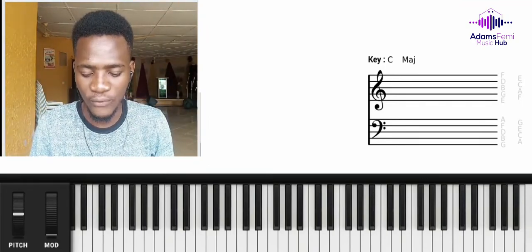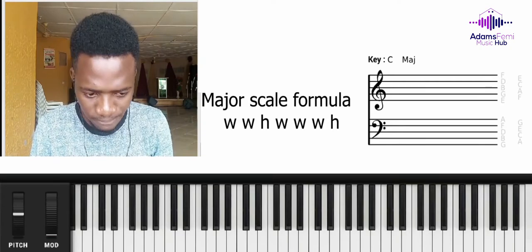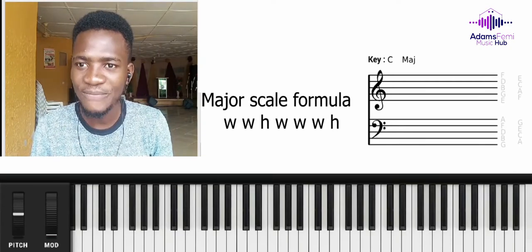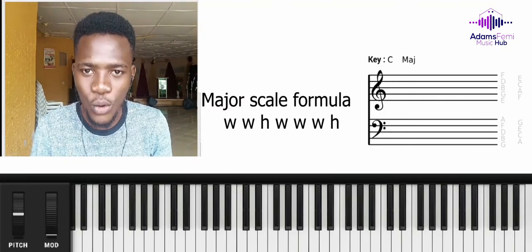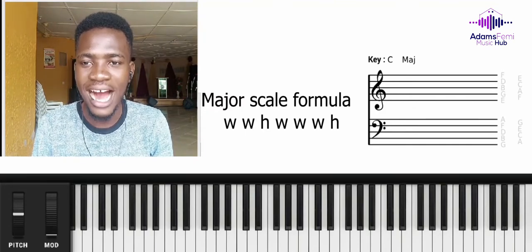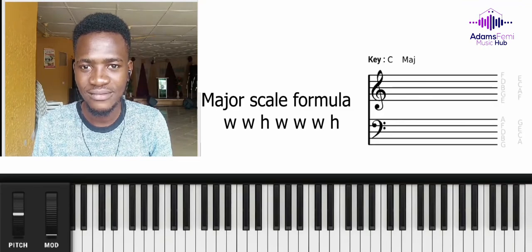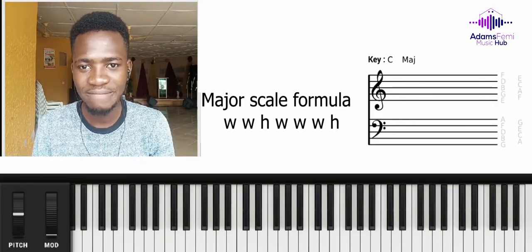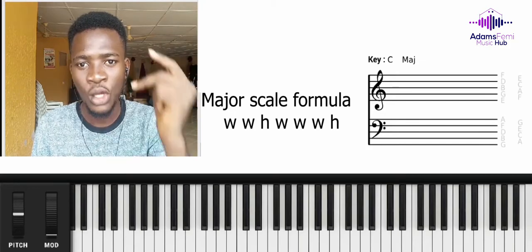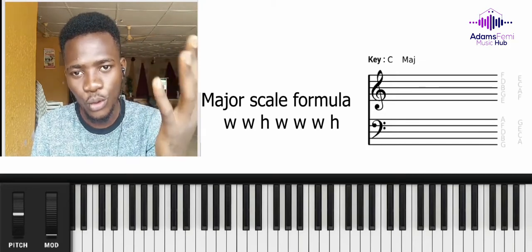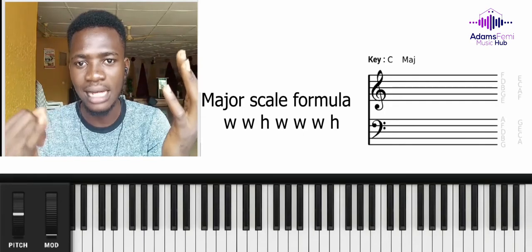And this is our formula. Whole note, half note, whole note, whole note, whole note, and half. Again, whole note, whole note, half note, whole note, whole note, whole note, and half note.